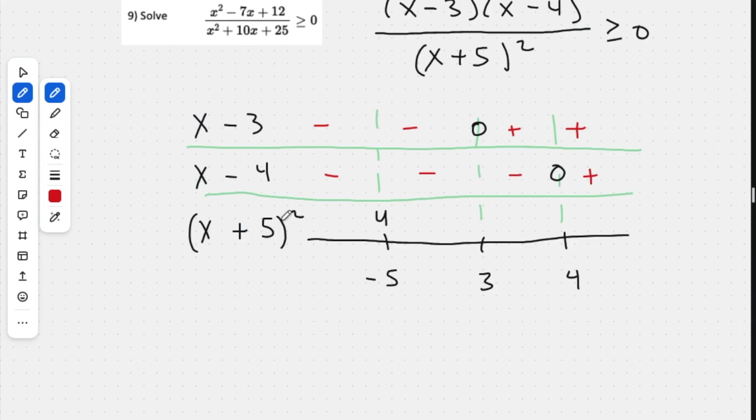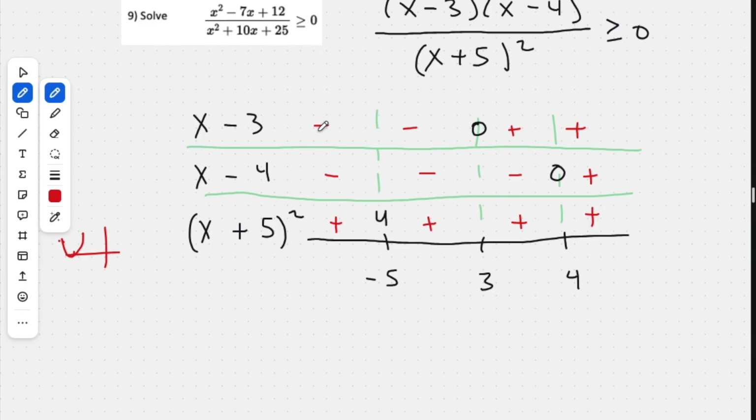For x plus 5 quantity squared, because it's squared, it's going to be positive everywhere. If I plug in negative 6 plus 5 would be negative 1 squared, and it'd still be positive. If you think of the graph of this, it's never negative, right? It's our parabola, and it's shifted 5 units to the right, so it's 0 or positive everywhere. So we just fill in all positives.